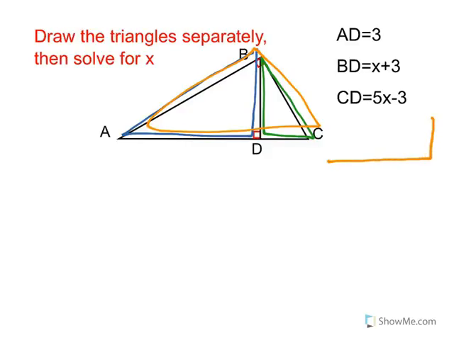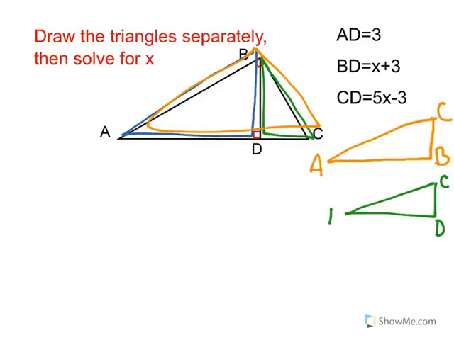Alright, so the whole thing, the right angle is at B, shorter side goes to C, and then to A. The green one, right angle is at D, shorter side goes to C, and then comes out to B. Blue one, right angle is at D, shorter side is at B, and then comes out to A.